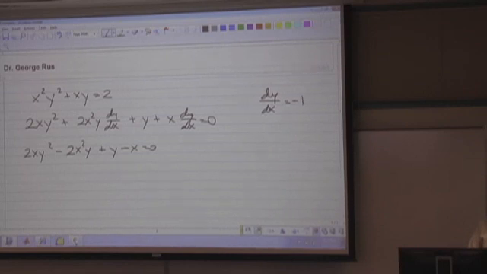Now, the idea is that these points have to be on the graph, and this is what I was telling you in class about the fact that you have to end up with a system of equations. And so what you're actually solving is a system of equations of this nature.